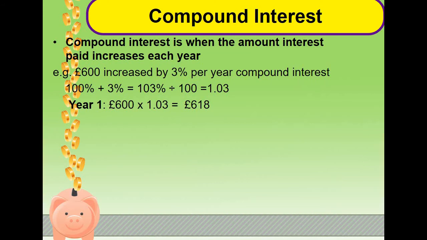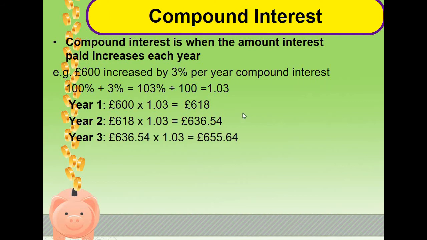Okay. However, whereas with simple interest, you would have just added on the extra £18 every year, with compound interest, you find 3% of the new amount and add it on. So the following year, you will multiply £618 by 1.03 to get the new amount.